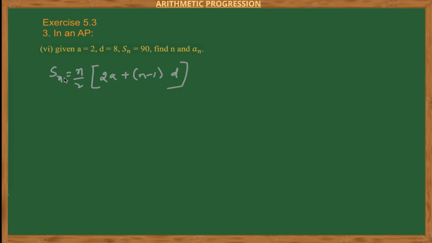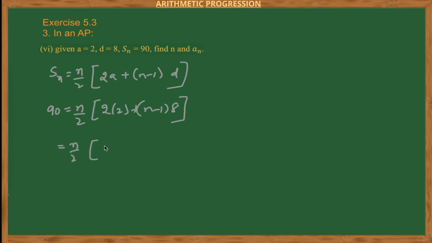The given value Sn is 90. N is the one which we need to find, so we don't have N, and we can find it. A is given as 2, plus N minus 1. D is given, yes. So in this the only unknown is N. So let's try to solve it here.